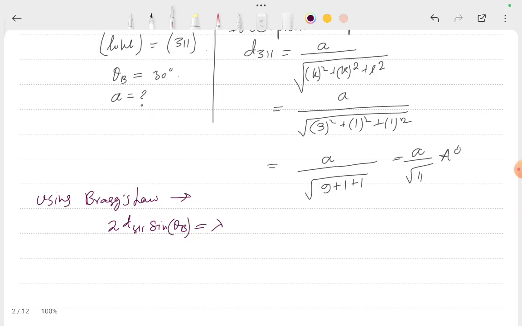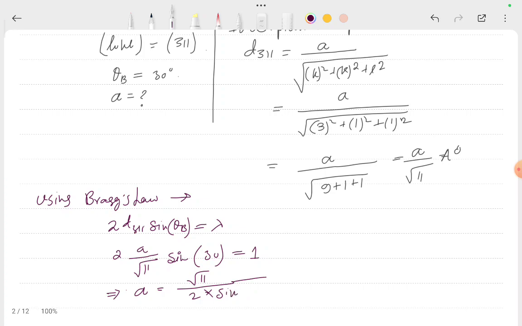So here 2d is 2 times a upon root 11, sin theta b is sin 30 degrees, and lambda is 1 angstrom. The unit of a is also angstrom, so it's okay. We get a equals root 11 upon 2 into sin 30 degrees.